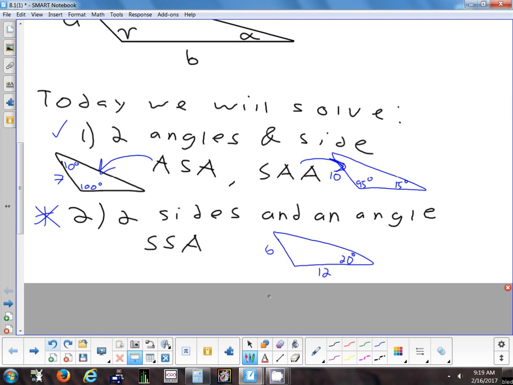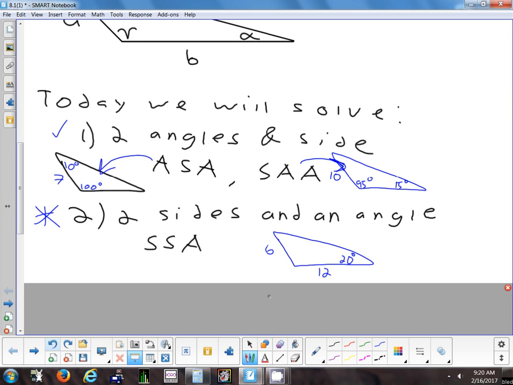Okay, and this one I put an asterisk next to it because it's a little tricky. When you have this type of problem, different things can happen. When you have an angle side angle, there's only one thing that can happen. When you have side angle angle, there's only one way to solve it. When you have side side angle, there's three ways to solve it. Depending on the information they give you, they might have given you information that doesn't work, and you can't solve it.